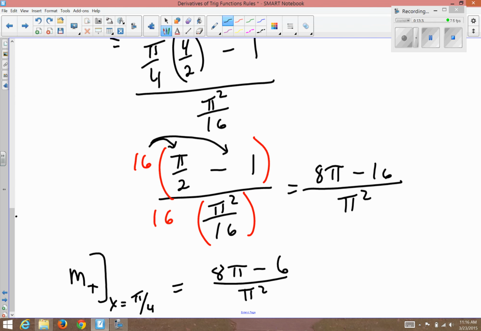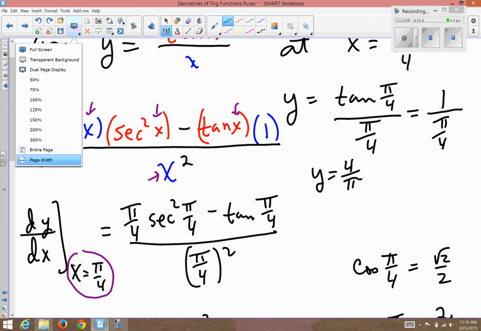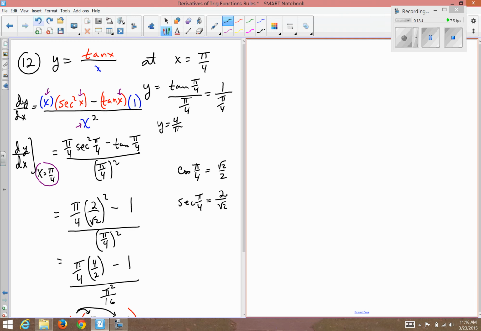So this exercise that we're doing, exercise 12, says find an equation of the line normal to y equals tan x over x at x equals pi over 4.